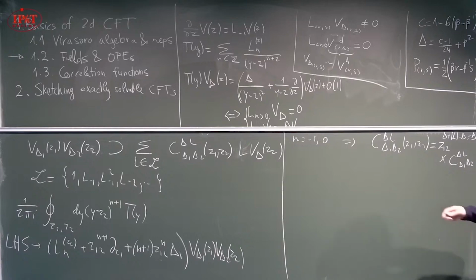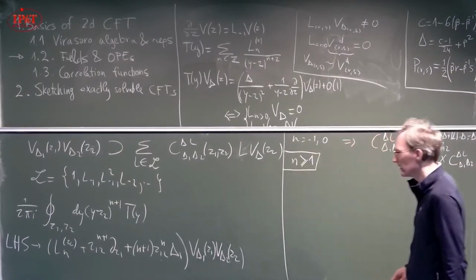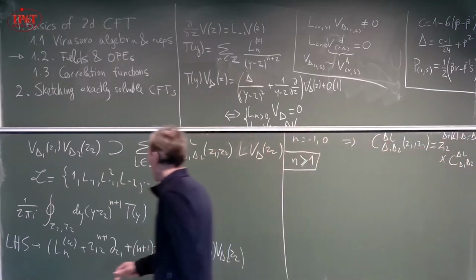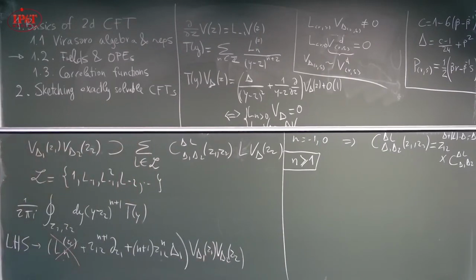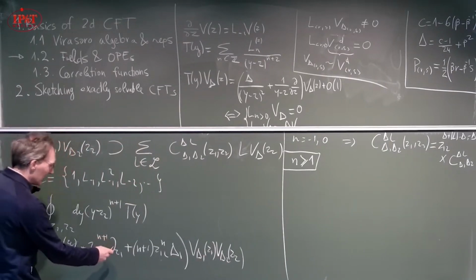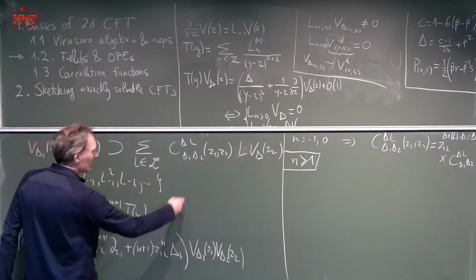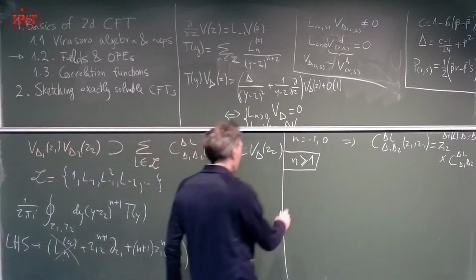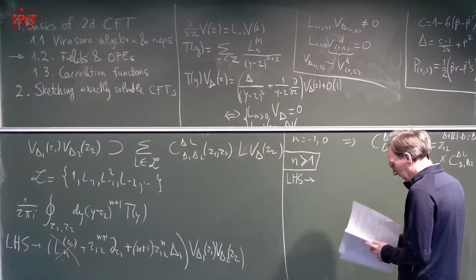So we can now focus on n greater than 1. Already this makes a small simplification because here L_n acting on the field V delta 2 vanishes because it's a primary field. And then we can use again the OPE here, but we can act with this L_n on z1 and the OPE coefficient now that we know how it depends on z1. So the left-hand side becomes a bit simpler.